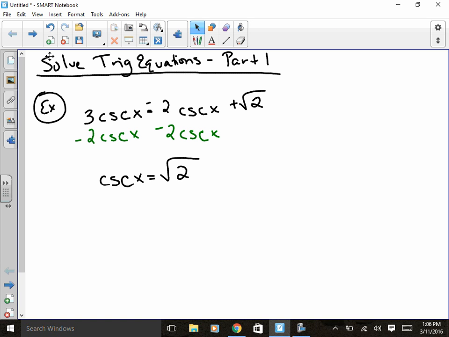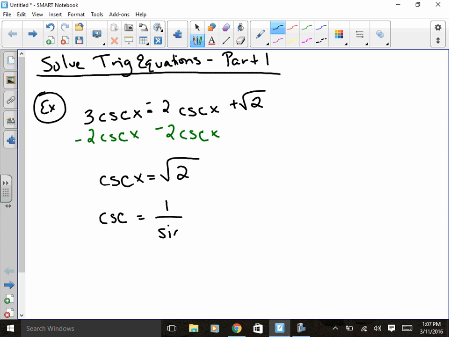So your goal here is to figure out, based on the unit circle, what your radian or degree measure could be. Okay, but remember, and this is where it gets a little tricky, cosecant is really 1 over sine.